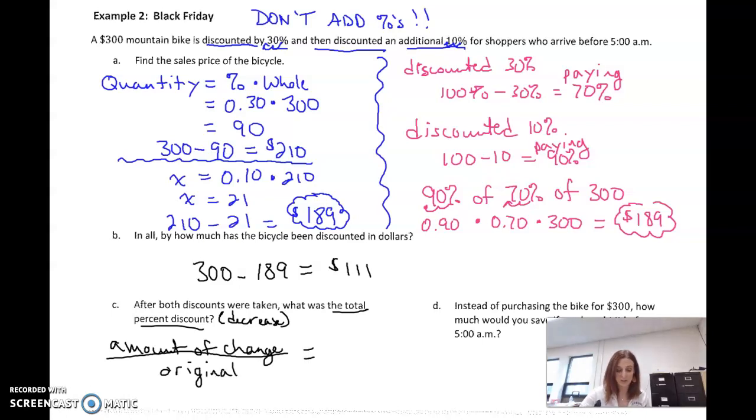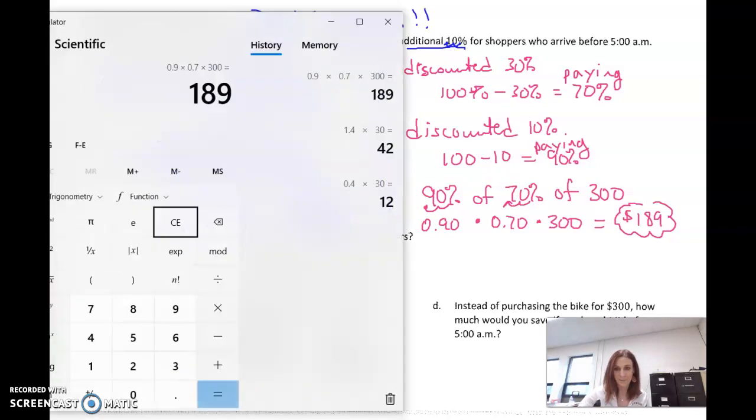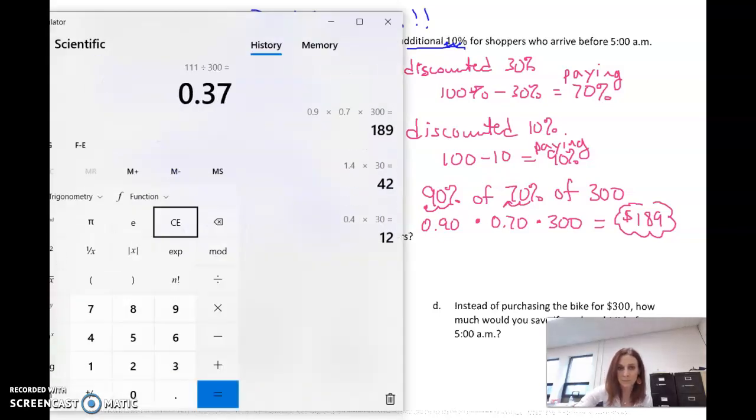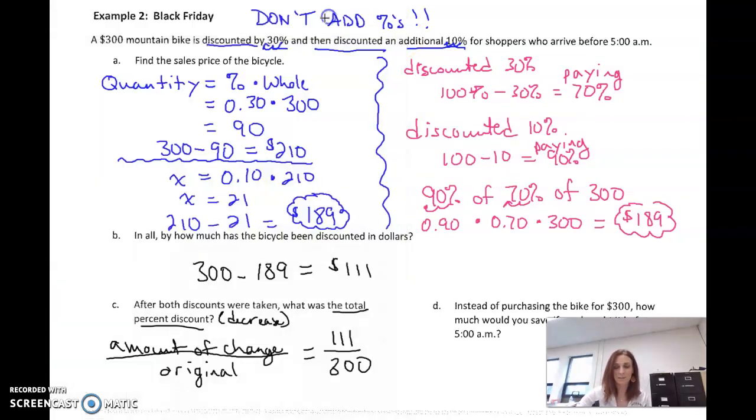So how much did it change? Well, it changed $111. If you divide that by 300, we get 0.37, which is 37%. It was a 37% discount. Okay?